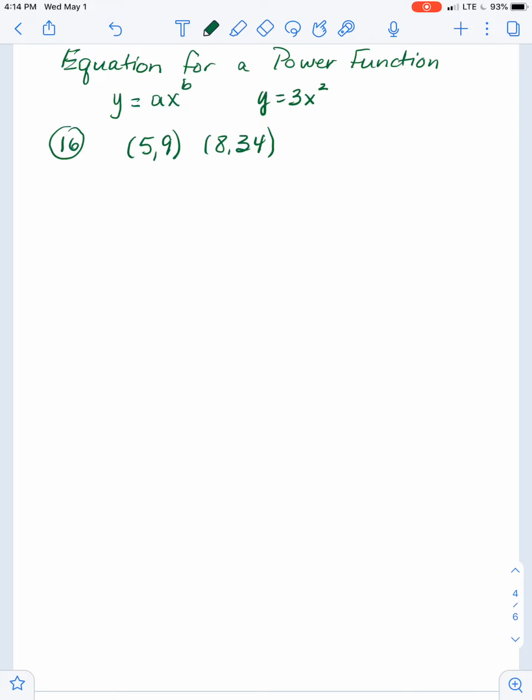Your first step is to substitute your x and y into your basic equation, and we're going to do that for both sets of points. Our first equation, using the point (5, 9), is going to get us 9 equals a times 5 to the b, and that's multiplication.